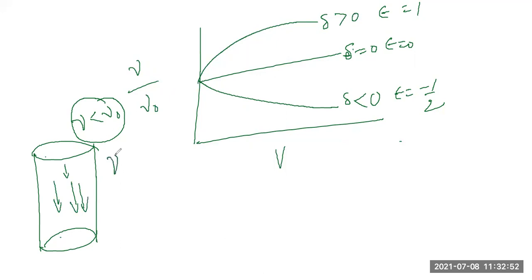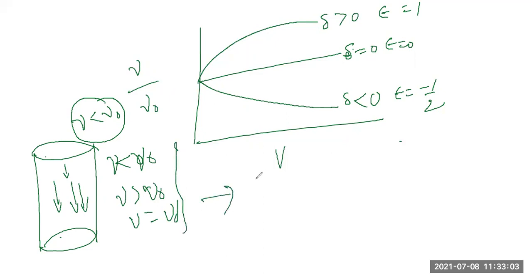So depending on whether nu is less than nu 0, greater than nu 0, or equal to nu 0, you have these graphs. Based on that, you conclude whether conversion will increase, will decrease, or will remain the same, right?